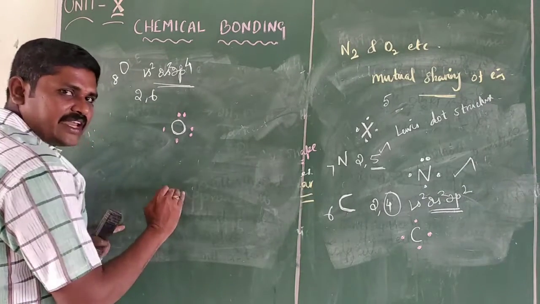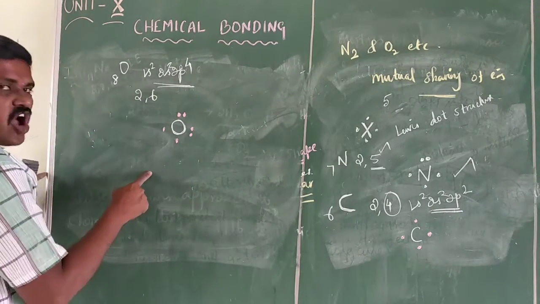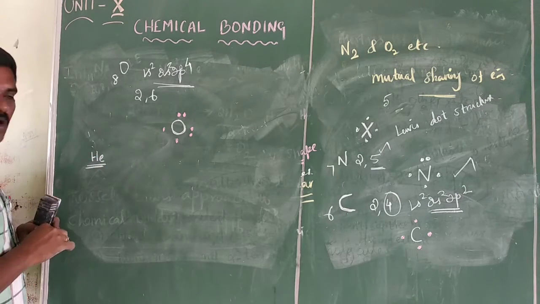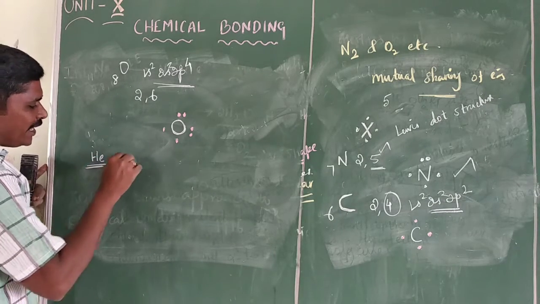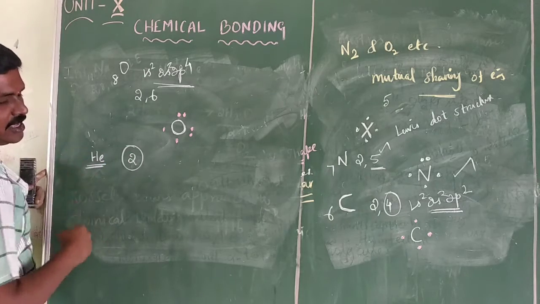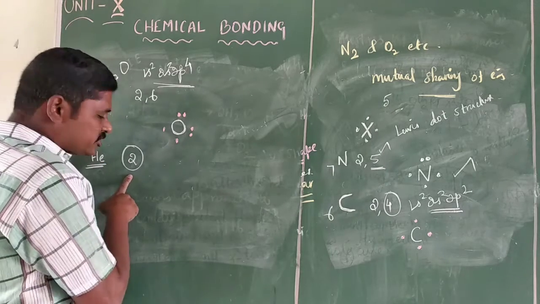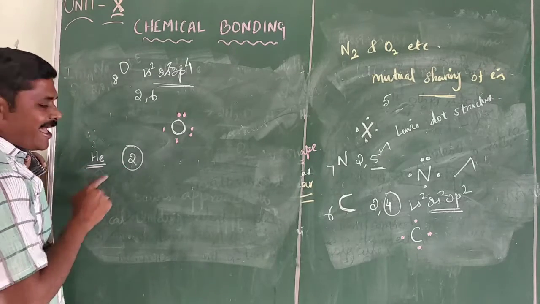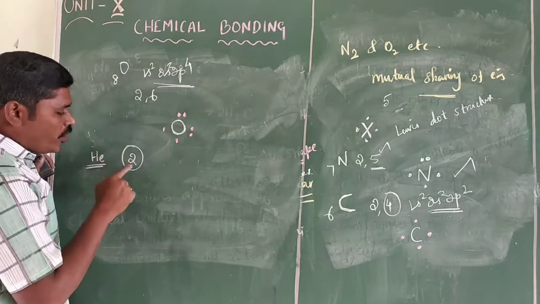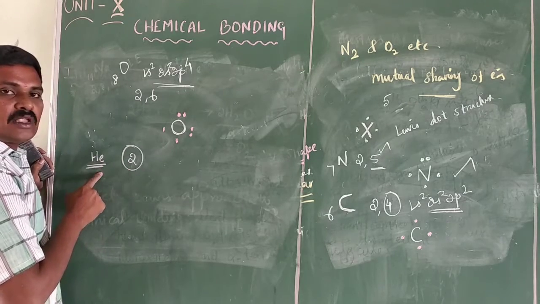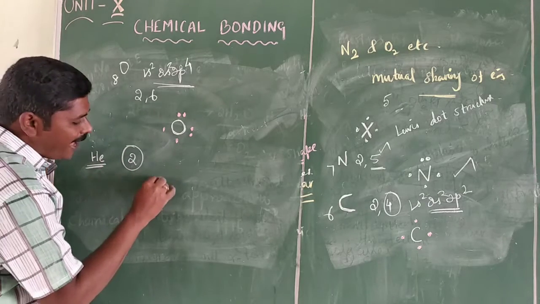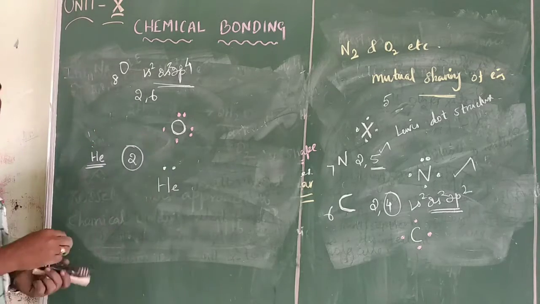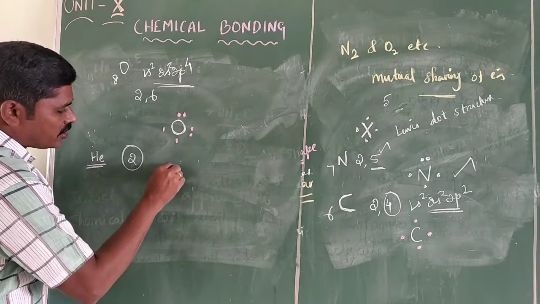Okay, students, the next one is the Lewis dot structure of helium. The helium having only 2 electrons, so it is represented as a pair of electron dots.